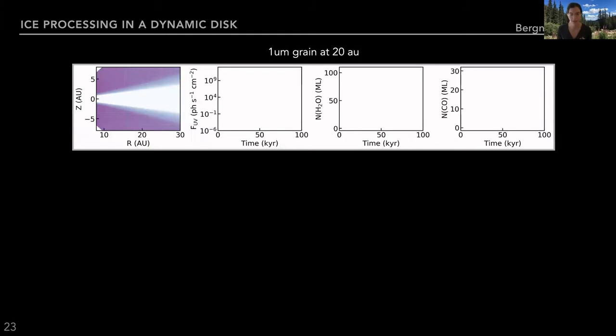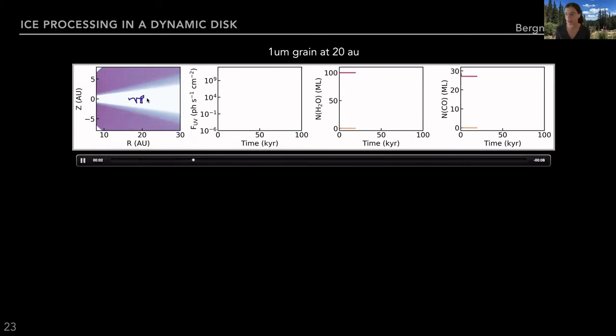So I want to give you some examples of how this plays out in some sample trajectories. So here we're looking at a 1 micron size grain initialized at 20 AU, and you can see that the particle is moving initially just within the midplane and then eventually wanders into the more UV exposed layers of the disk. So what we're seeing in the right panels here is the UV flux.